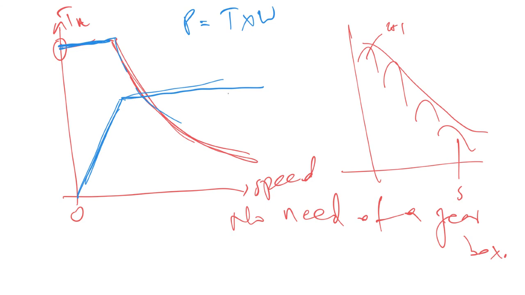At some point, this curve doesn't retain this nice shape, and then we also have a dip in the power. And this region here is called the constant power speed range. In electric vehicles, you want this constant power portion to be bigger, because it means you can reach higher speeds for the same power demand from your battery.